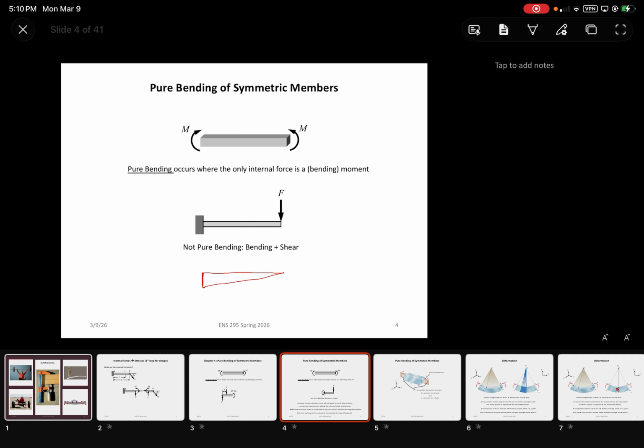But what you'll notice is the internal shear force, if we cut a section right through here, V, and this reaction force is just going to be F, and then we ignore everything on the right-hand side, that shear force has to equal that force F. Does that make sense? Because of that, we get a shear force within the beam, which means it's not a case of pure bending.